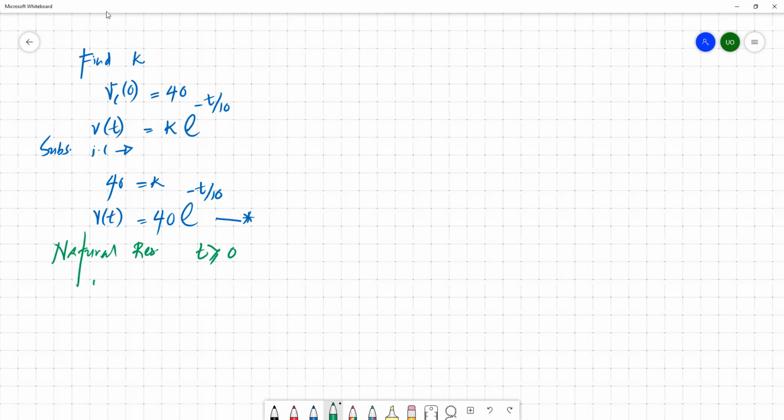If you just draw it, it's something like that. This is 40, the voltage across the capacitor. What about the time constant? The time constant equals 10 seconds, which is the RC product.